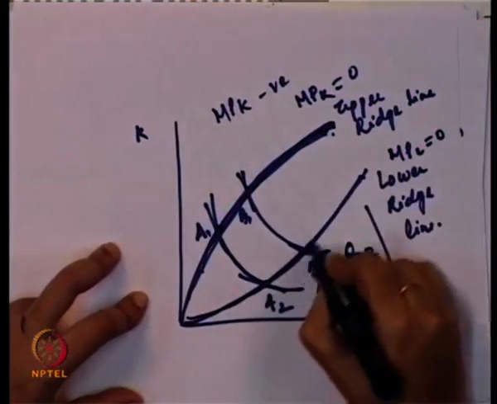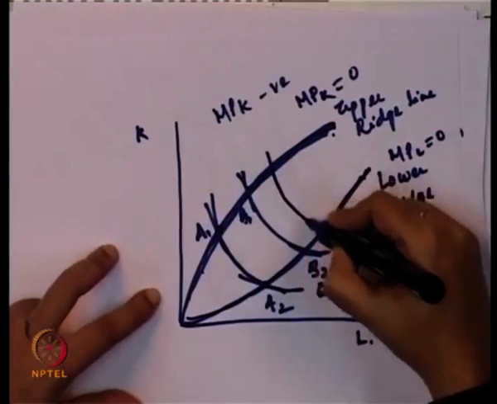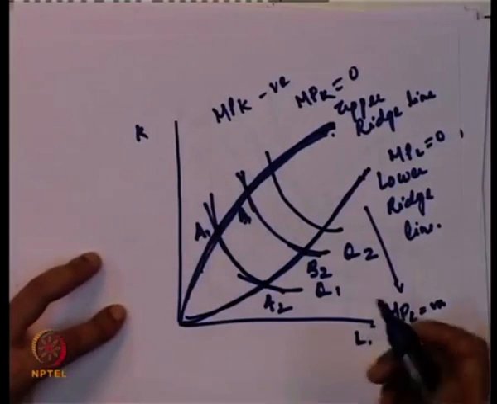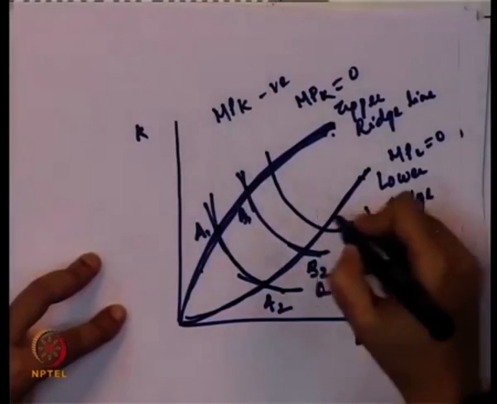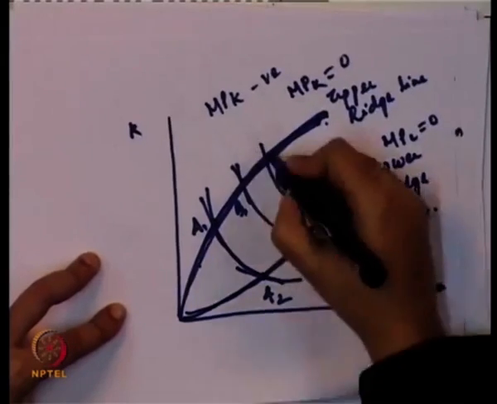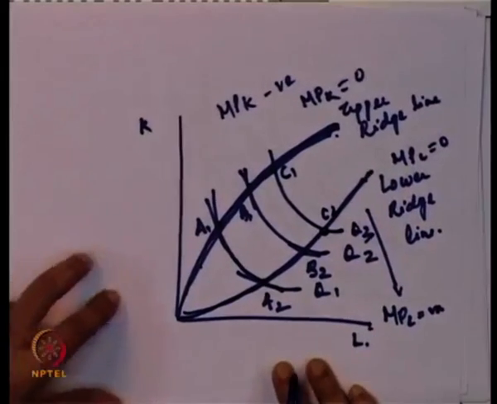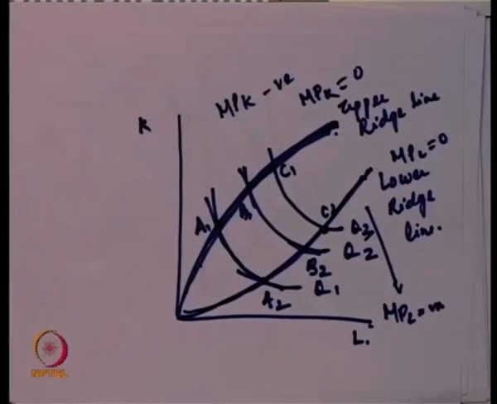Likewise, at a different input level, if you introduce one more level of output, Q3, you again get points, maybe C1 and C2, where input substitution can take place, and this is also the efficient range of production.